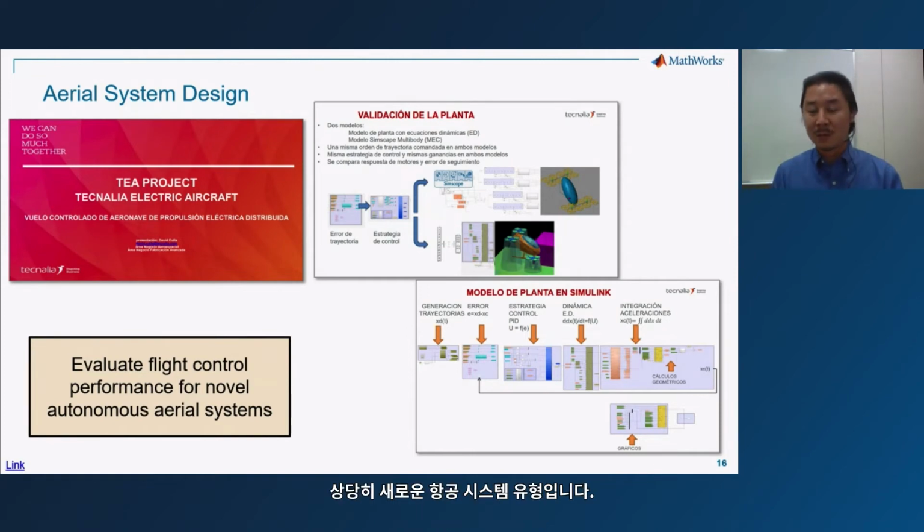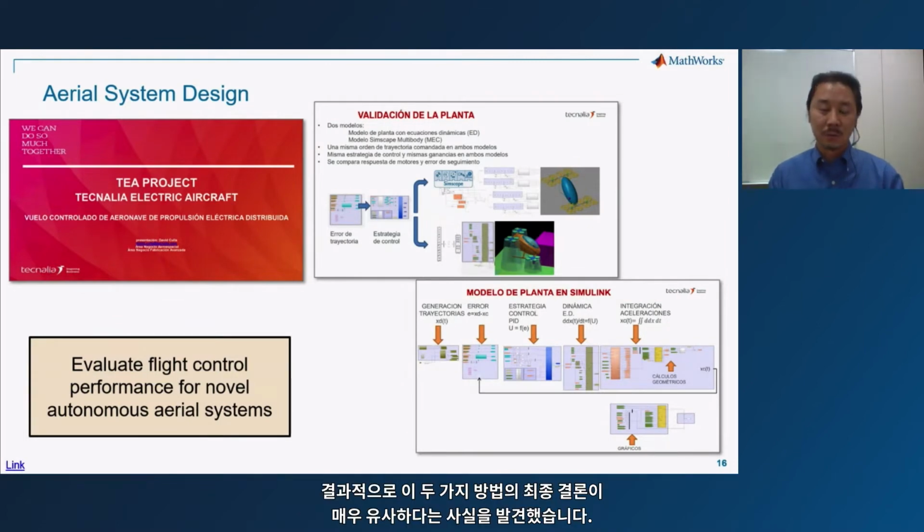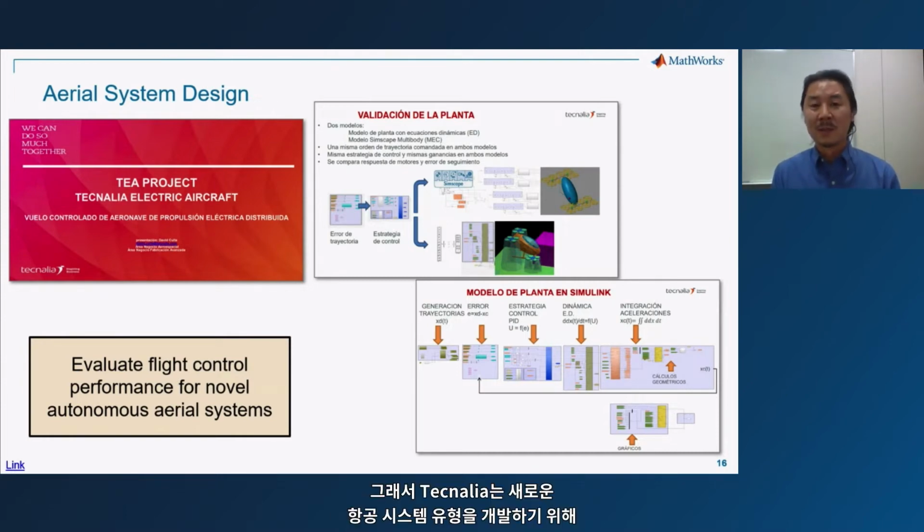It's a very new type of aerial system, which is neither a multi-rotor nor a fixed wing, but more of a VTOL configuration. And by comparing the two methods of modeling, they were able to see that the results are very similar at the end between these two methods. Right? So Tecnalia used model-based design to develop a novel type of aerial system here.